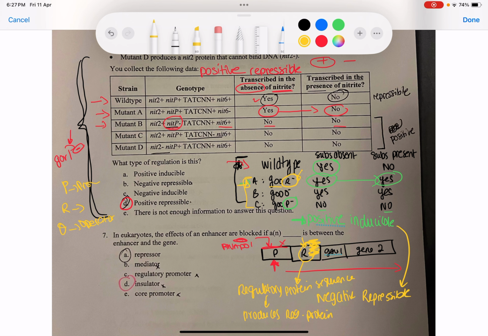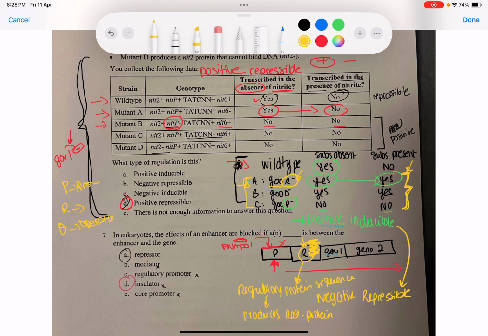When this is broken, the regulatory protein that is produced is basically doing the opposite of whatever it was originally supposed to do if R was not broken. So what I'm seeing in this table is basically the opposite of what it should be doing.